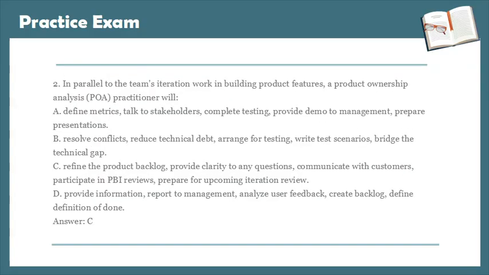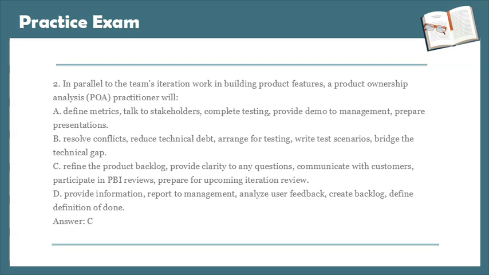2. In parallel to the team's iteration work in building product features, a Product Ownership Analysis, POA, practitioner will A. Define metrics, talk to stakeholders, complete testing, provide demo to management, prepare presentations. B. Resolve conflicts, reduce technical debt, arrange for testing, write test scenarios, bridge the technical gap.